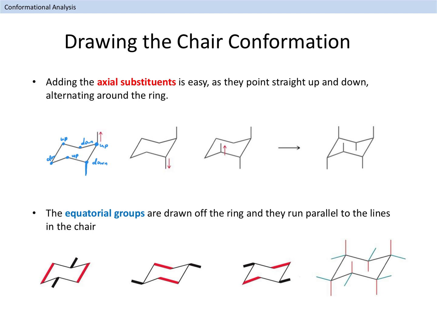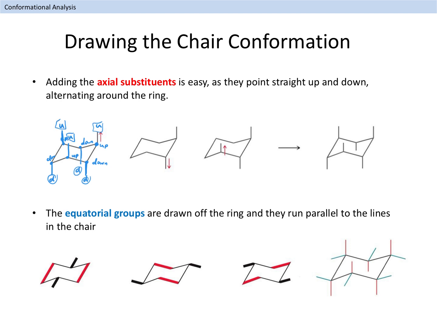If we draw in all of the axial substituents, notice that there are 3 on each face of the ring. There are 3 axial substituents pointing up, and 3 axial substituents pointing down. Notice that they alternate from up to down as we go around the ring.